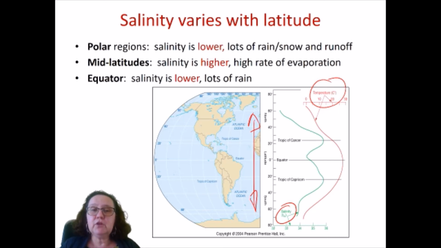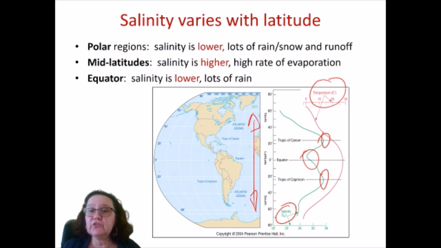It's also relatively low at the equator, because although there is a lot of evaporation because of the temperatures, there's also a lot of rain, and that keeps salinity lower. And salinity peaks in the tropics, in the mid-latitudes, because there is a high rate of evaporation, temperatures are high, and rainfall is less than at the equator, so that increases salinity.